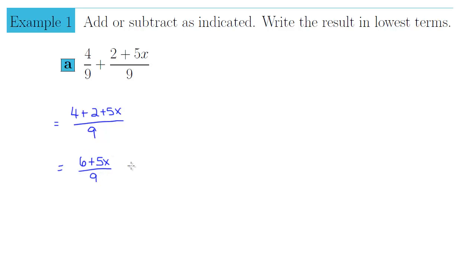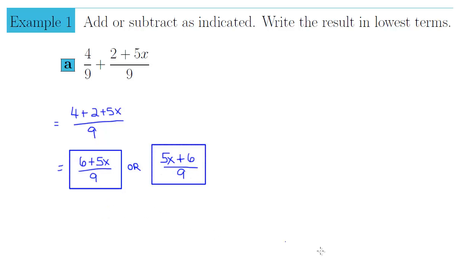We can leave our answer like that, or if we like, we usually tend to write our polynomials with the powers in decreasing order. So we'd have 5x plus 6 all over 9, and that's the same thing. This rational expression does not reduce. And we're done.